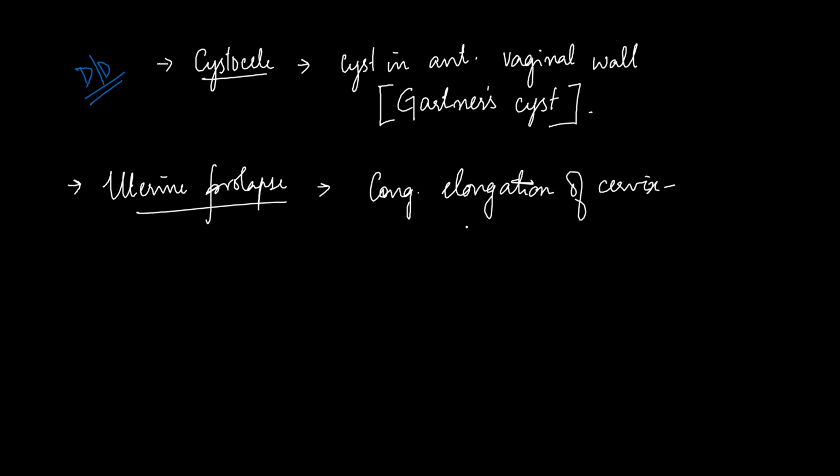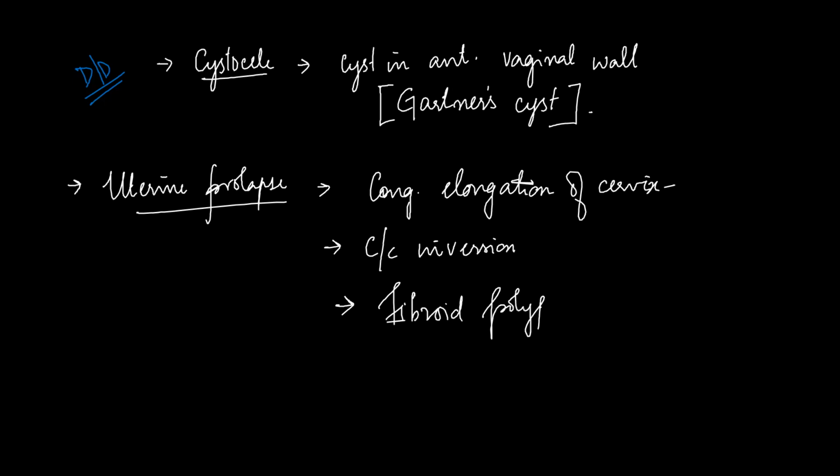Second is a chronic inversion. And lastly, a fibroid polyp. So these are the differential diagnoses of cystocele as well as uterine prolapse, the two most important things.